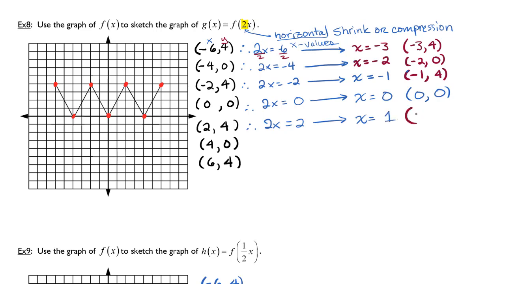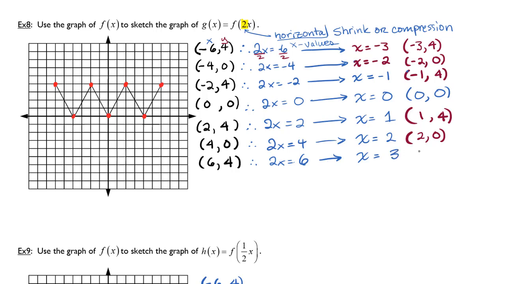New coordinate point is 1, 4. 2x equals 4 gives us x equals 2. So our new coordinate point is 2, 0. And last, we have 2x equals 6. So that gives us x equals 3. So our new coordinate point is 3, 4.